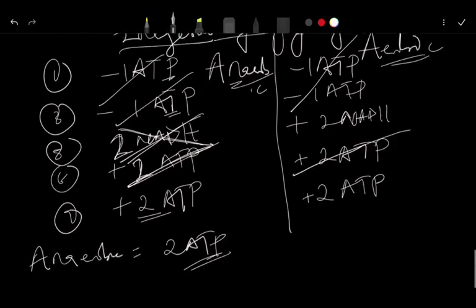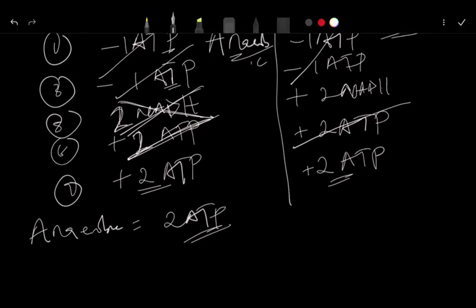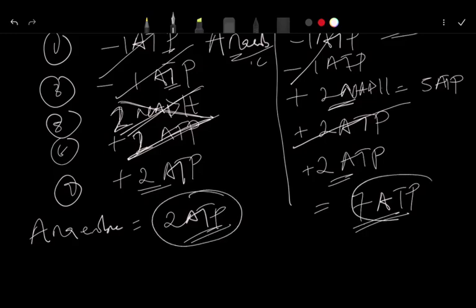So I'm left with this 2 ATP plus this 2 NADH. And 1 NADH is equivalent to 2.5 ATP. So 2 times 2.5 gives 5 ATP. When we add this 5 ATP plus this 2 ATP, we get 7 ATP. So that's why I said at the beginning that aerobic glycolysis produces 7 ATP, while anaerobic glycolysis produces 2 ATP. Okay, so that is the calculation behind it.